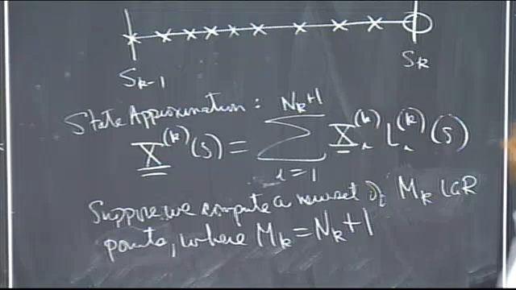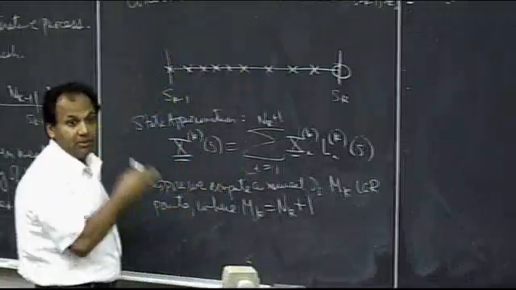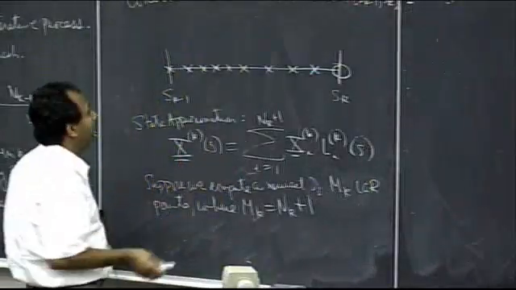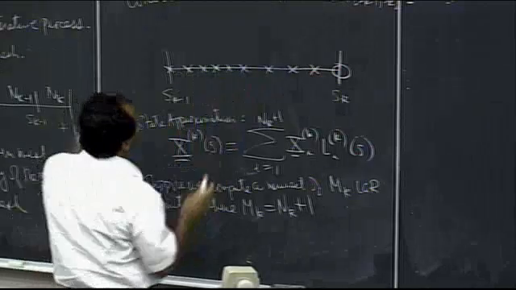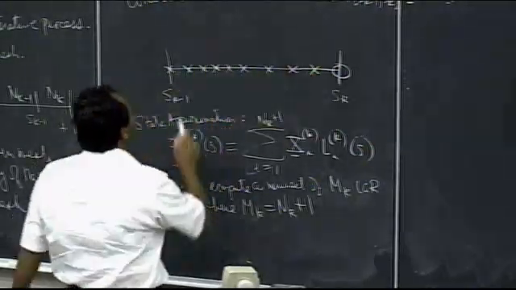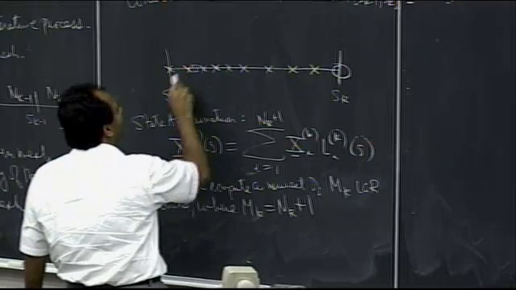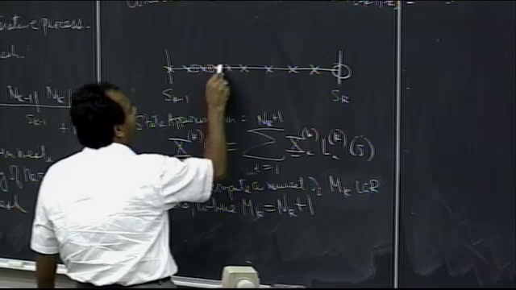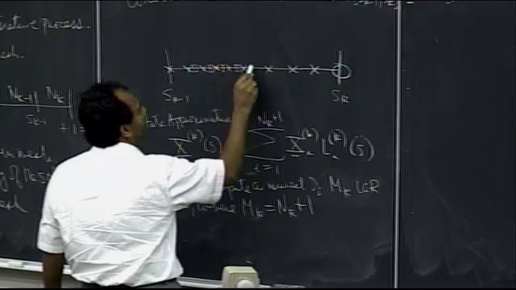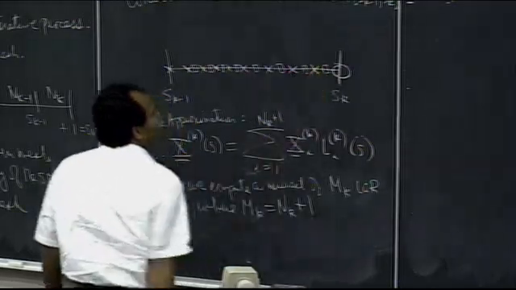Turns out that if you do that, this one stays the same, right? Because the first LGR point is always at -1. Turns out that all the others, if I add one, they all shift this way. So the first LGR point on the new set is going to be somewhere in here. The second one's going to be somewhere here, and the third one's going to be here, and it's going to keep going like that. And I'm going to wind up with these points.